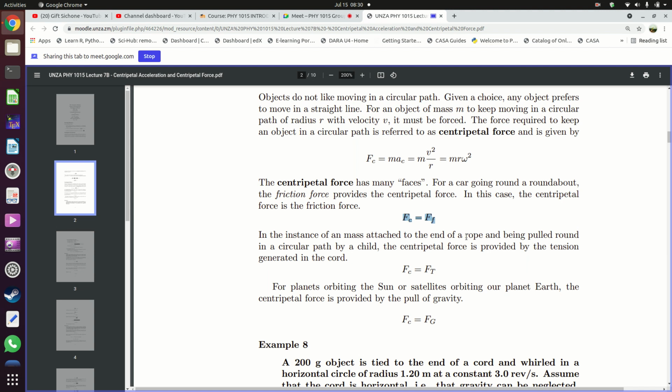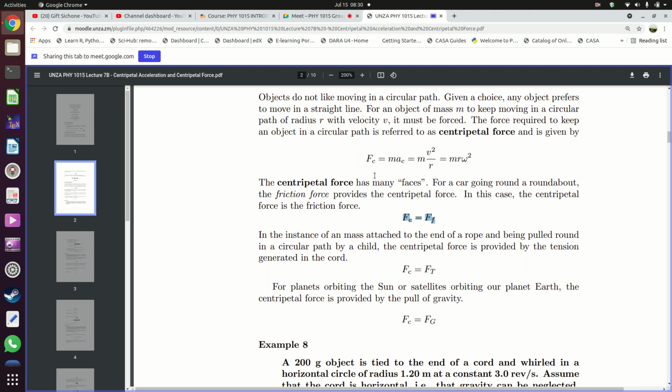Did you do the simple pendulum experiment when you were doing your labs? Yes, we did. Okay. So now, as your simple pendulum is swinging, it's moving in a circular path. It's not a circle per se, but the path which a pendulum takes is part of a circular path. Are we clear?